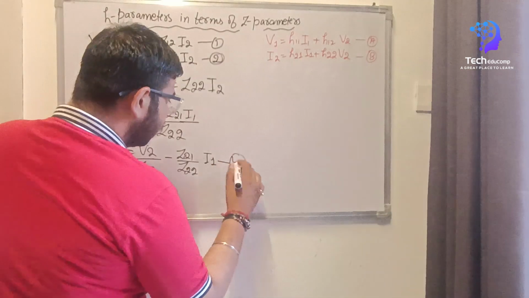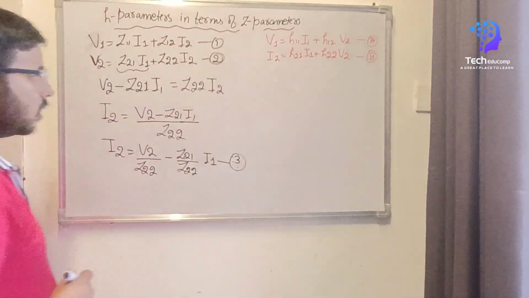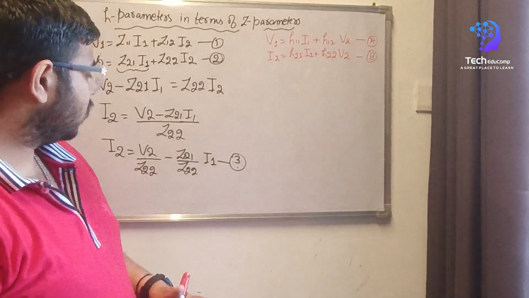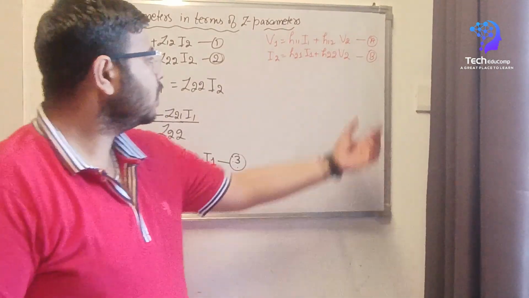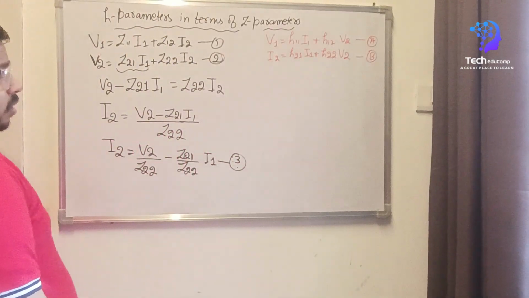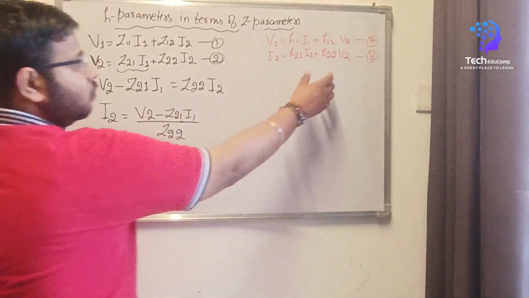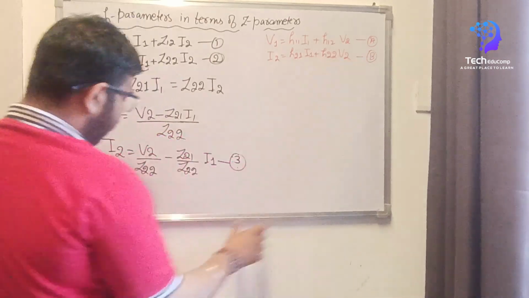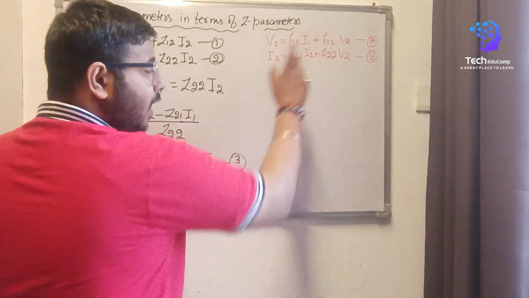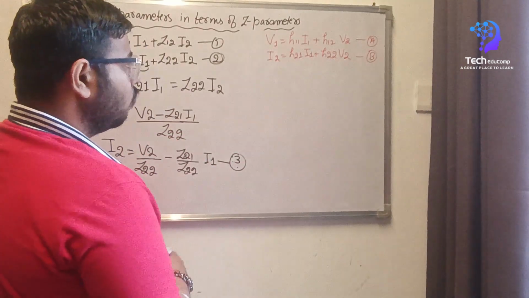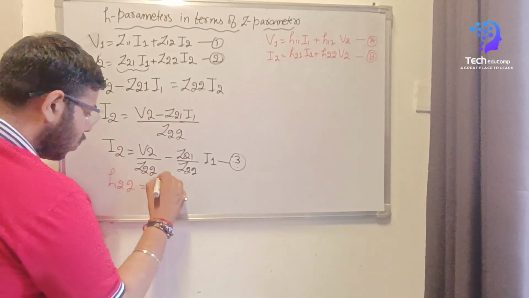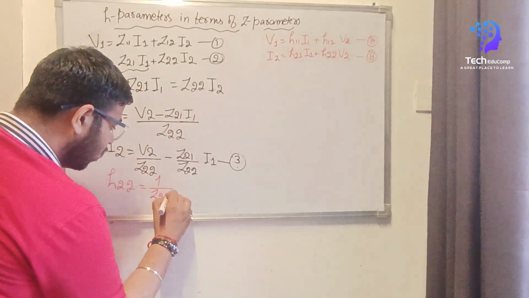This is equation number 3. Now just compare this third equation and the B equation. We observe that H22 into V2 and V2 by Z22 are the same. So that means the value of H22 will be equal to 1 by Z22.